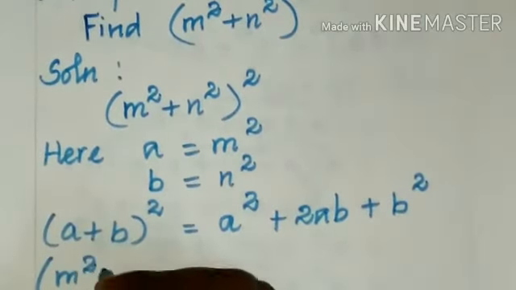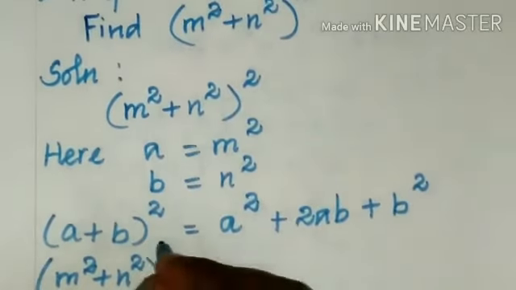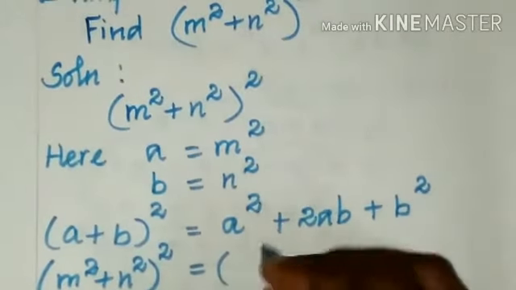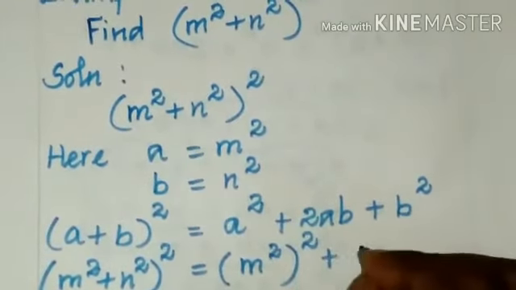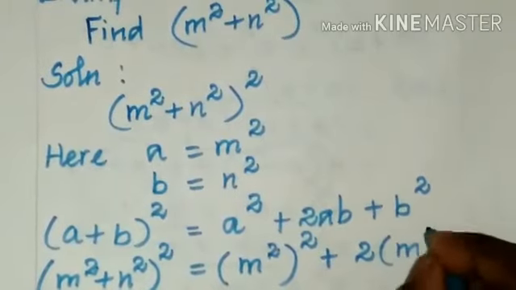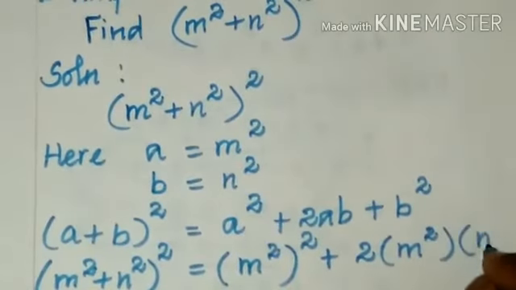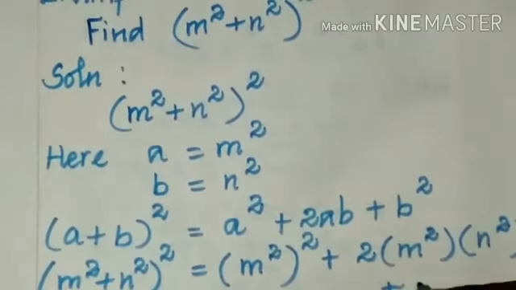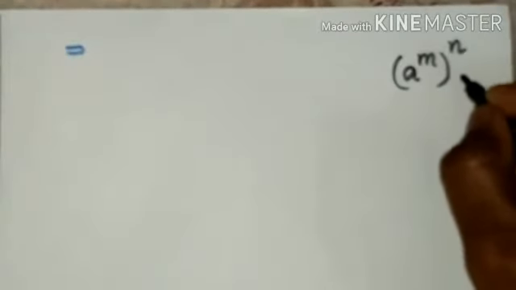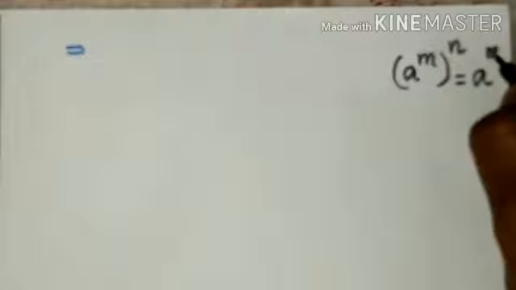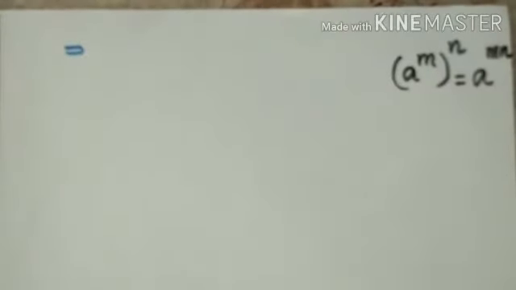So m square plus n square the whole square is equal to, substitute the values, m square the whole square plus 2 into m square into n square plus n square the whole square. We have to apply the power rule. What is the power rule here? a power m whole power n is equal to a power mn, that is m into n. So we have to apply this.